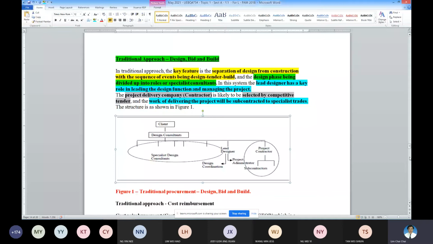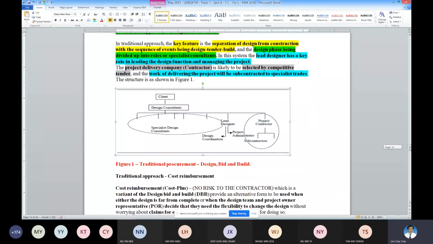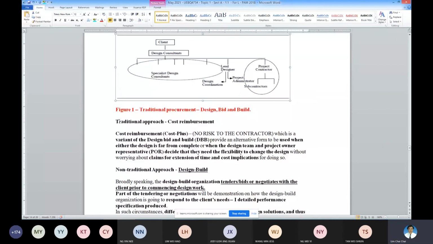And then the second approach will be the cost reimbursement category. Cost reimbursement means cost plus. This type of arrangement under your traditional procurement has no risk to the contractor, because the contractor is paid the total cost incurred, plus a profit. So this is called the cost reimbursement approach.